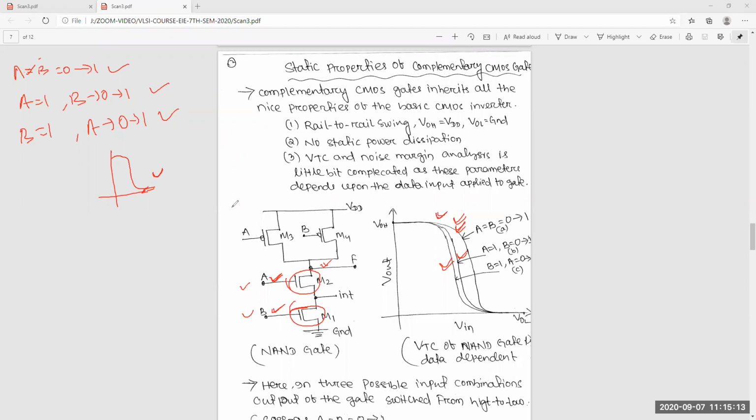Yes. So here you can see when both inputs are 1, this both will be 0. Here we have modulated it, so there is one resistor. Now, when you connect in parallel, the resistance will be half, or not?